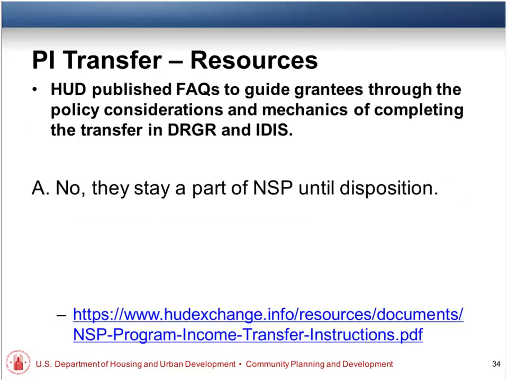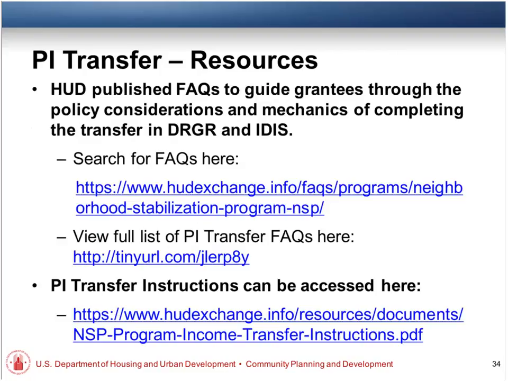Okay. Jennifer, if you wanted to take us through some of our resources that we put together here. Sure. Before we hop into the Q&A, and we've got quite a few questions that have come in already, we want to give you some resources that you can look to as you're thinking about program income transfers and closeouts and NSP generally.